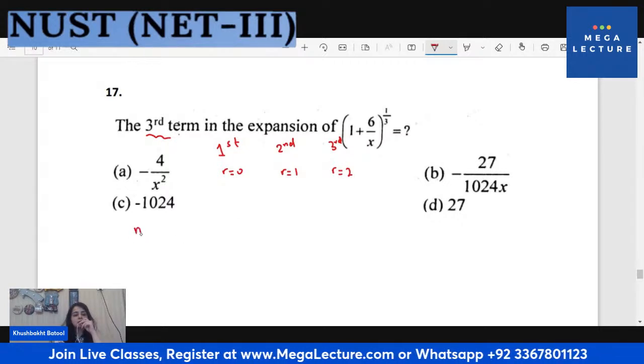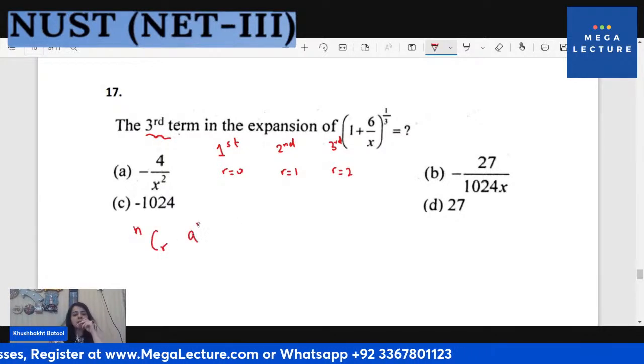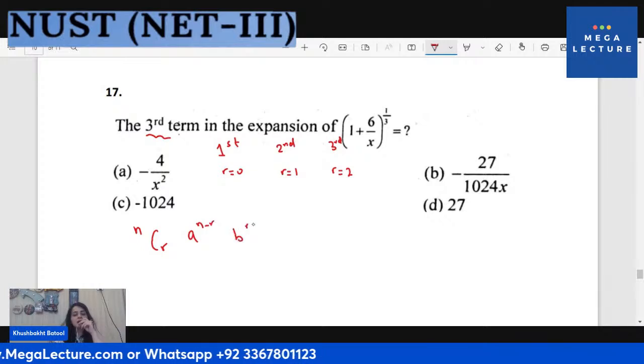So it's simple. The formula is nCr a power n minus r, b power r.